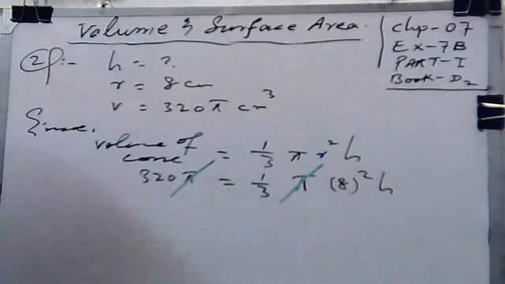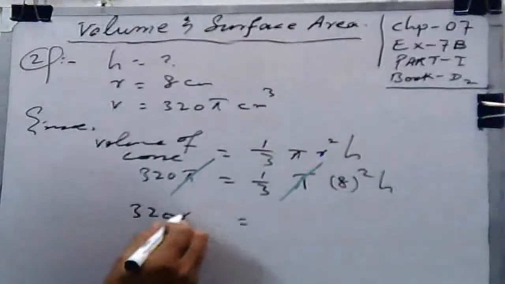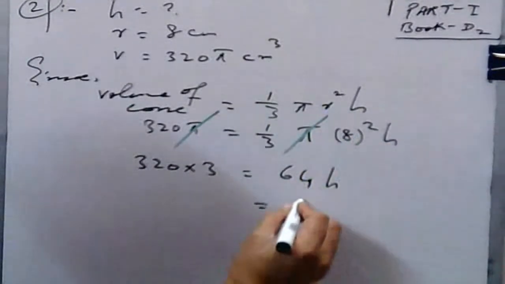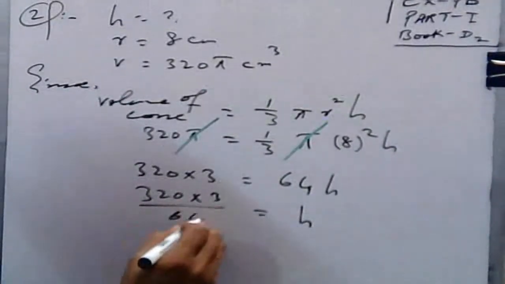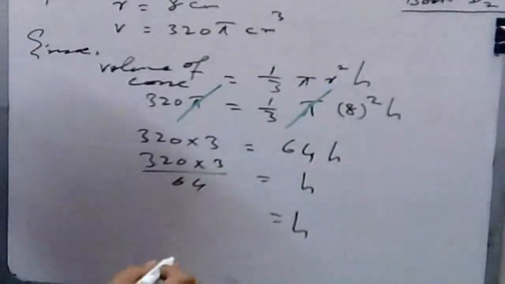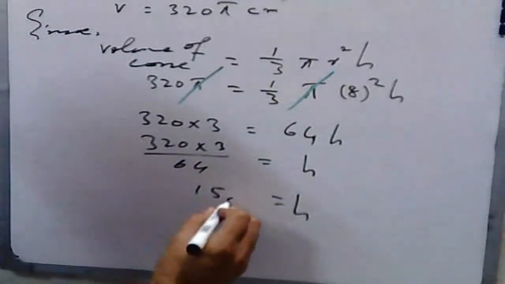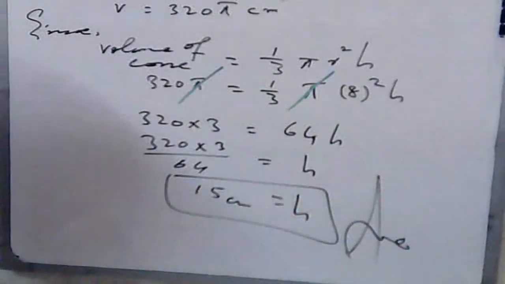By using cross multiplication, you can write 320 multiply by 3 equals 64h, removing the square. So we need h: 320 multiply by 3 divided by 64, so the value of h is 15 centimeter, which is your required result.